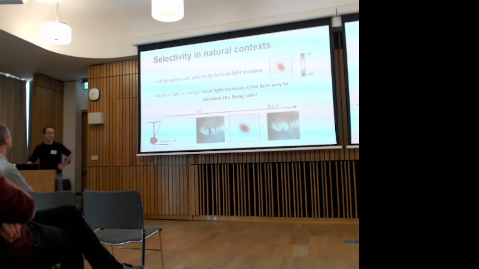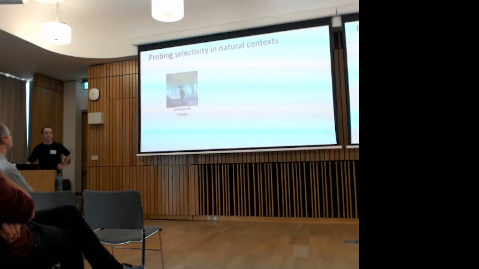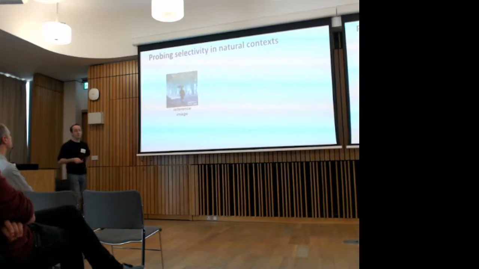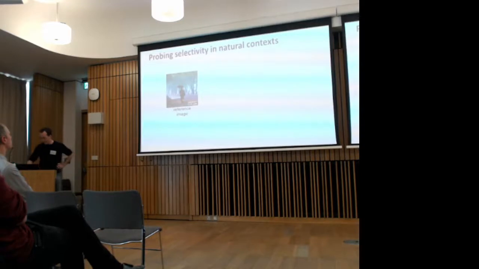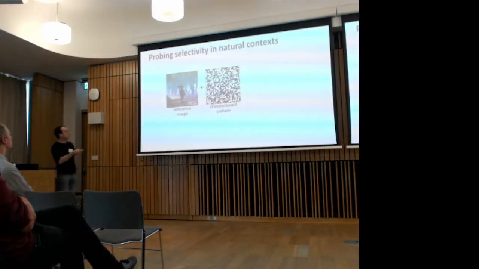So that's something we can test. It's probably too strong an assumption, but we can at least test it. So here's the experiment we did. We start with this natural image, which I'm going to call the reference image. And then we add to this image a checkerboard pattern.